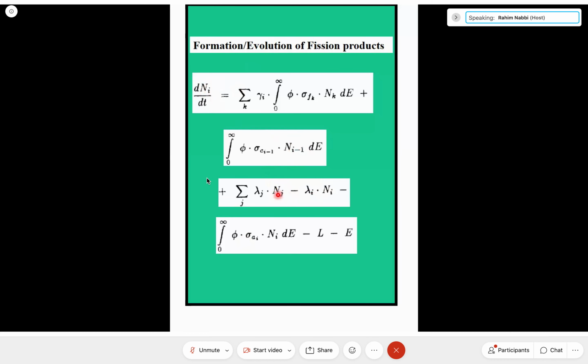So, if iodine Nj decays with the decay constant lambda J, the result of this decay, iodine, is xenon. For this reason, a plus term. That means this fission product or this radionuclide could be the result of a decay of a precursor.